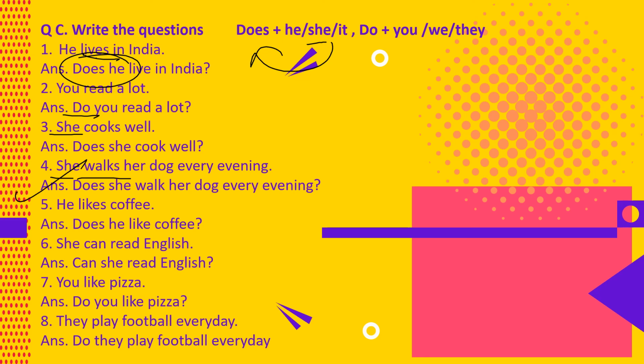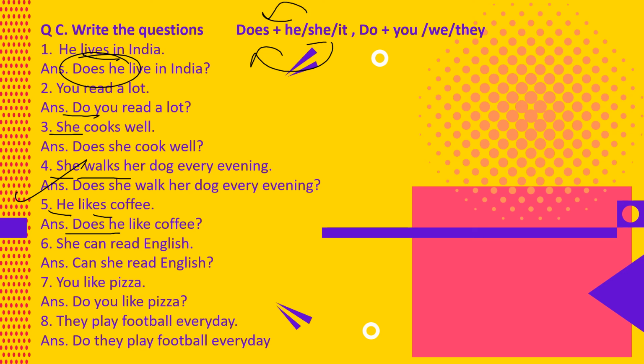Then comes up, he likes coffee. He, and then likes means present tense, that too the simple one, not the continuous one. So here we'll ask, does he like coffee? Because as you can see, he and does are together.